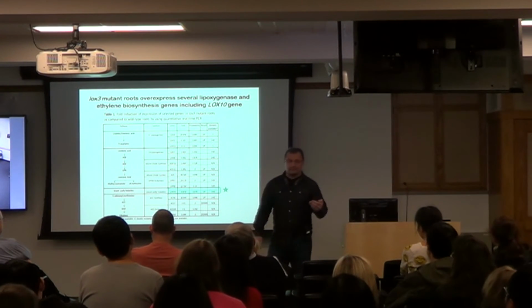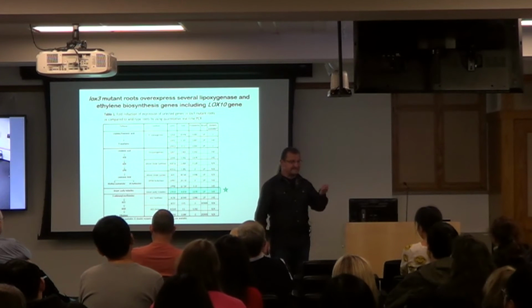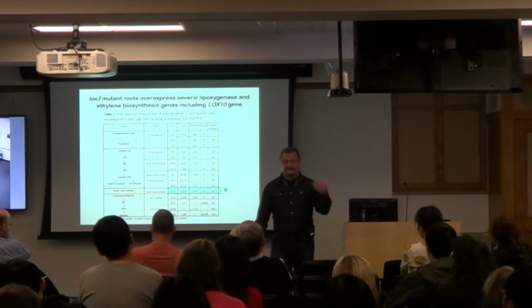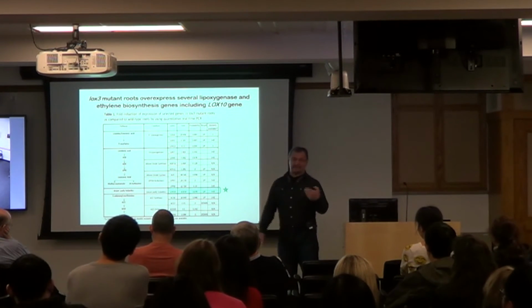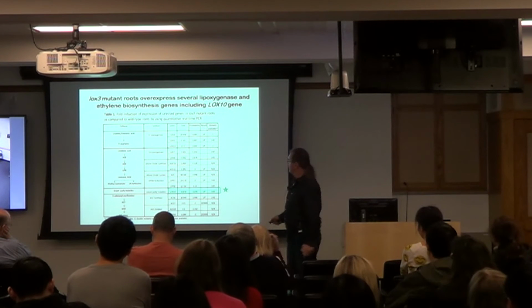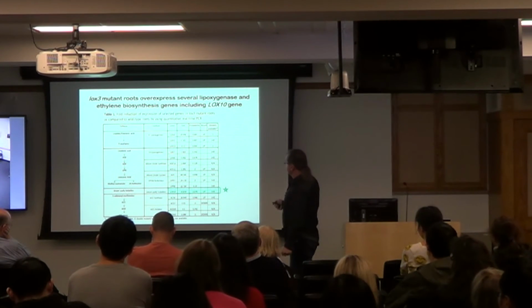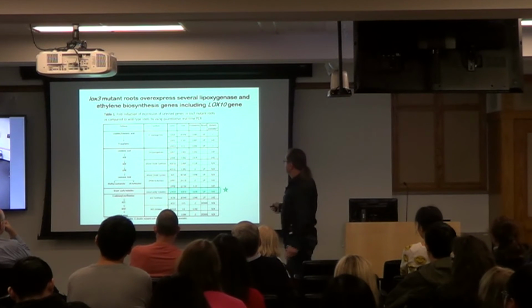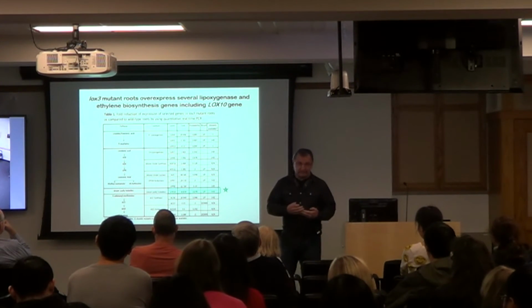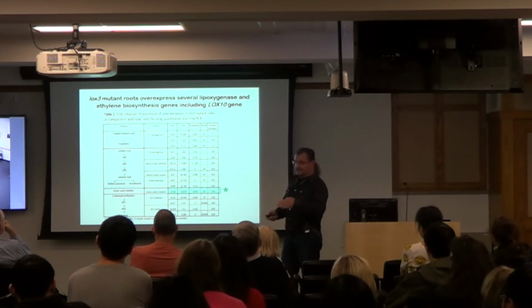Then the question was, what is it in LOX3 mutants that makes them produce this ISR signal all the time? So we have tested expression of all the lipoxygenases for which we have mutants, or some other genes, and what we saw is incredible. If you look at lipoxygenase expression in the roots compared to wild type, there is 20-fold overexpression of LOX4 in the LOX3 mutants.